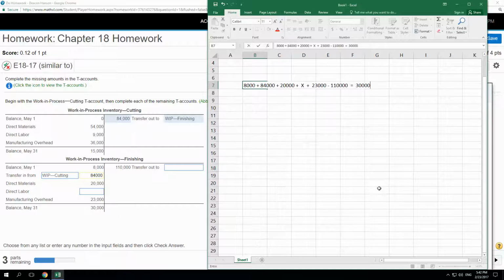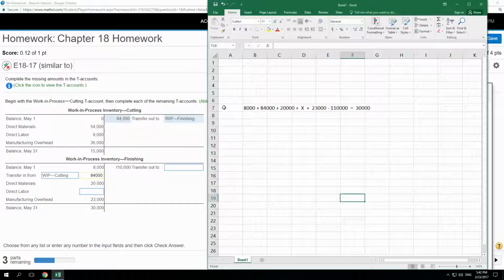So if you wanted to solve algebraically for this missing amount here, we could schedule it out that way.